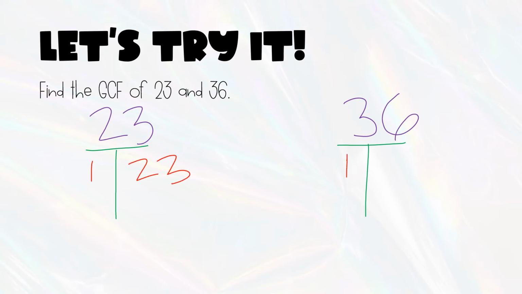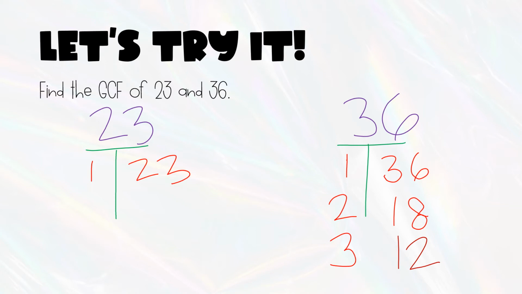So for 36, I have 1 times 36, and I have 2 times 18, and I have 3 times 12. Forgive me, I'm pretty tired right now. So I can see that the greatest common factor between 23 and 36 is actually just going to be 1.